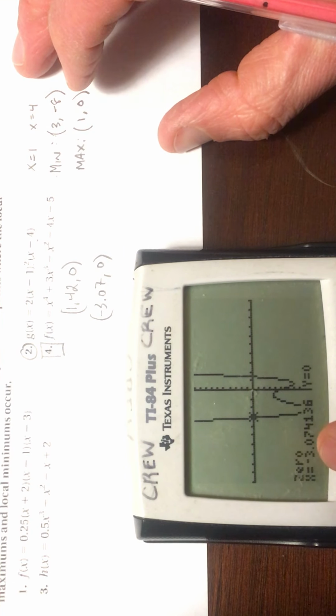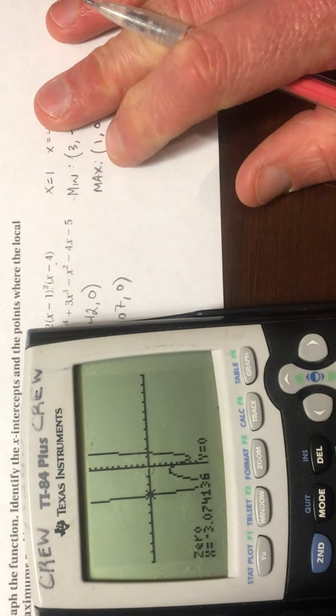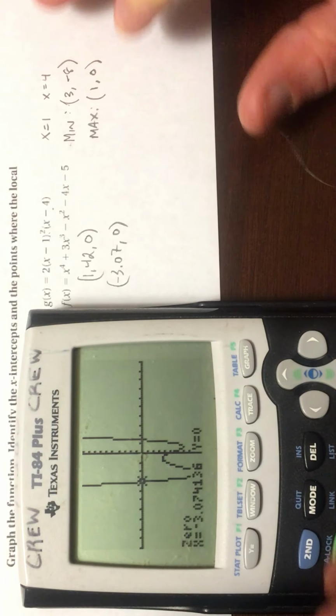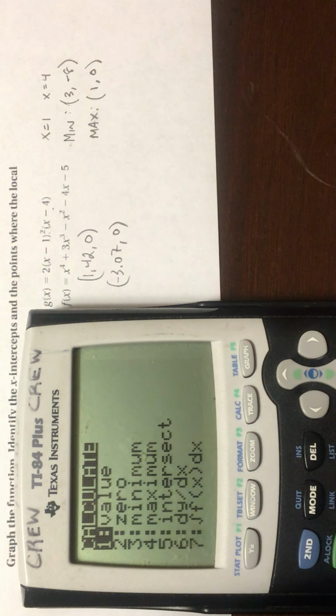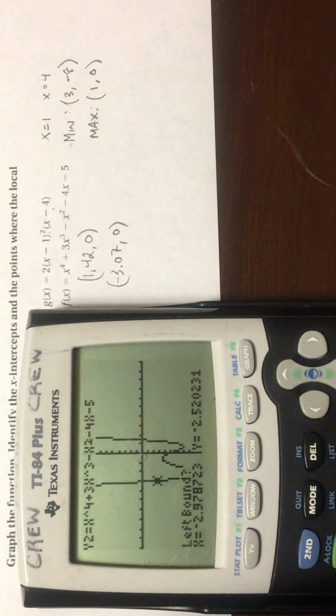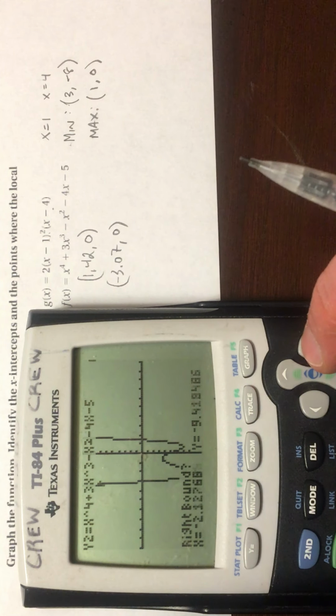And now I need to find the 2 mins and 1 max. So let's do that. Trying to put this in the same spot. Okay, so these are my zeros. And now second trace. Got to find the minimum. We're definitely to the left of that one.